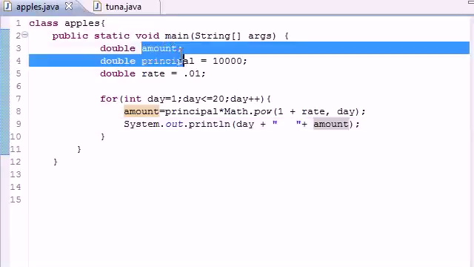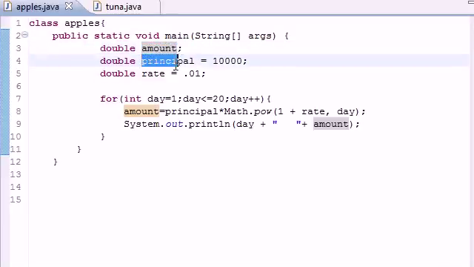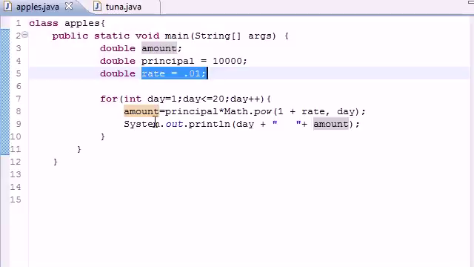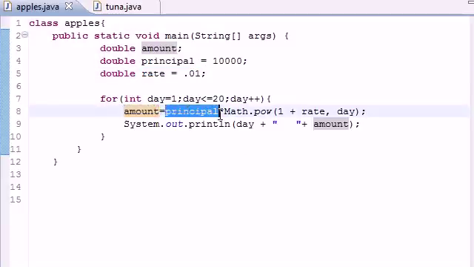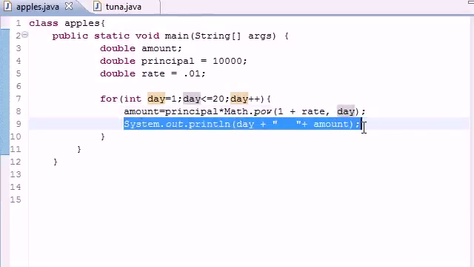You need to figure out the amount, which we don't know yet, but we do know the principal, which is the starting point, and the rate. The amount equals the principal times 1 plus the rate, which is 0.01, to the power of the day. And this is where the for loop comes in handy, because this goes 1, 2, 3, 4 all the way to 20. And next, we just output it on the screen.